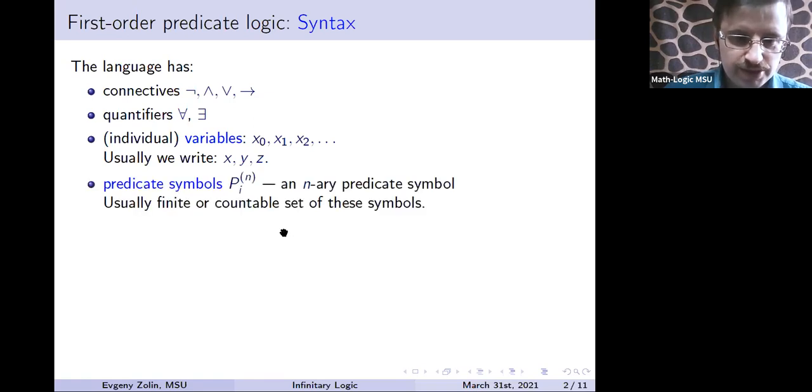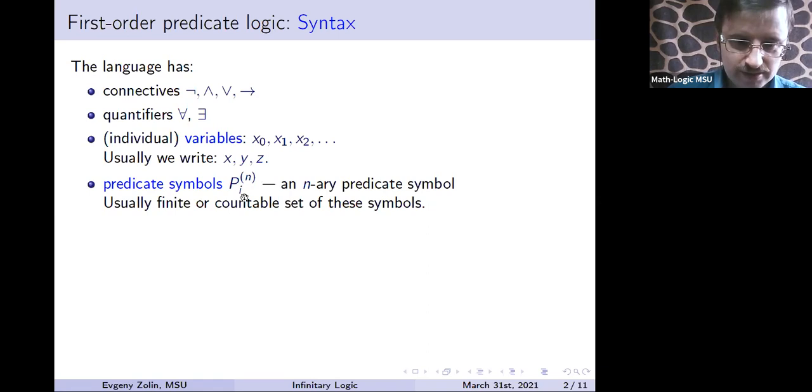In our language, we also have predicate symbols. We will denote like this. So in general, this is a long notation for them. N indicates how many arguments this symbol has. So this is the n-ary predicate symbol. It requires n arguments.